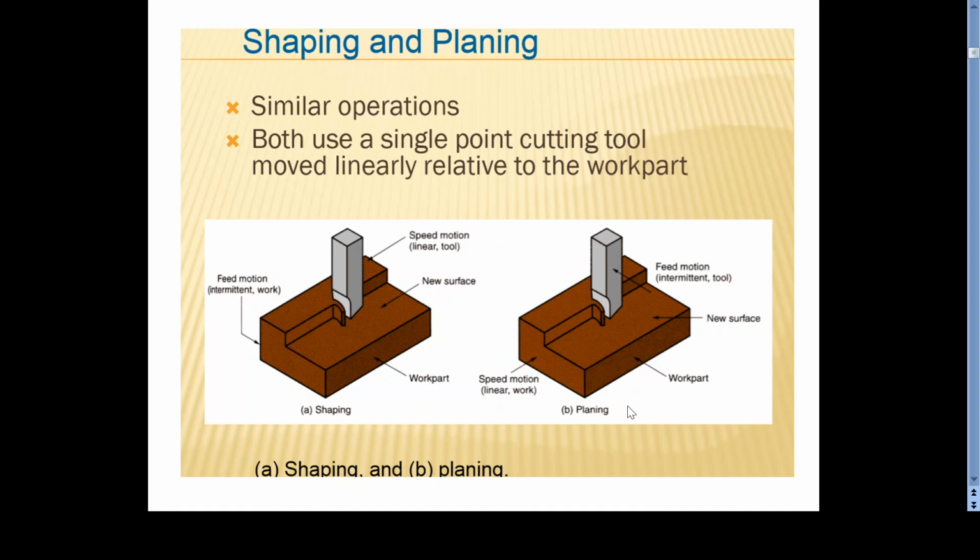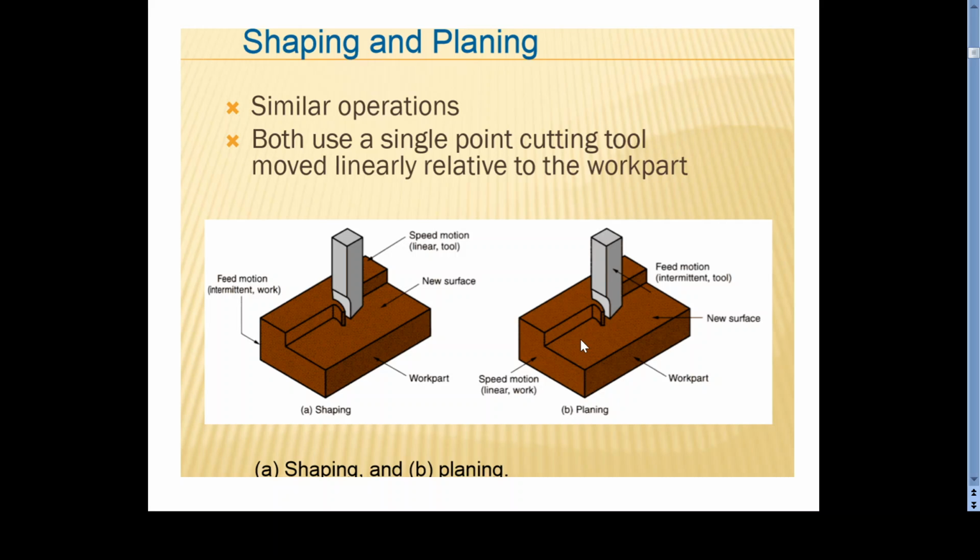So the operation is very similar to the shaper machine. You can see two sketches, one is shaping and the other one is planing. The cutting operation is very similar, only the difference is that in the case of the shaping machine the tool is moving, reciprocating on a ram, but in the case of the planing machine the tool is stationary and the workpiece is sliding over a table.